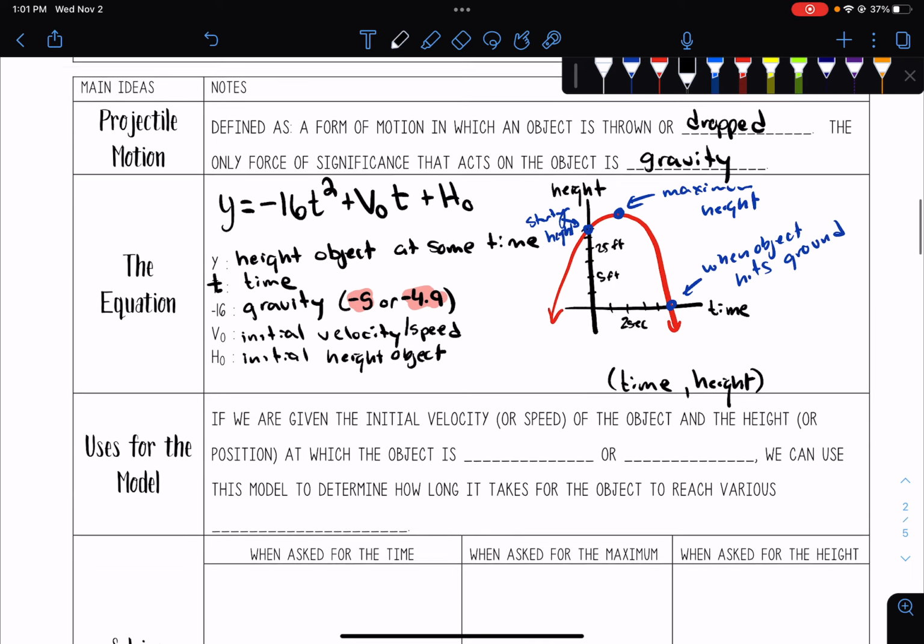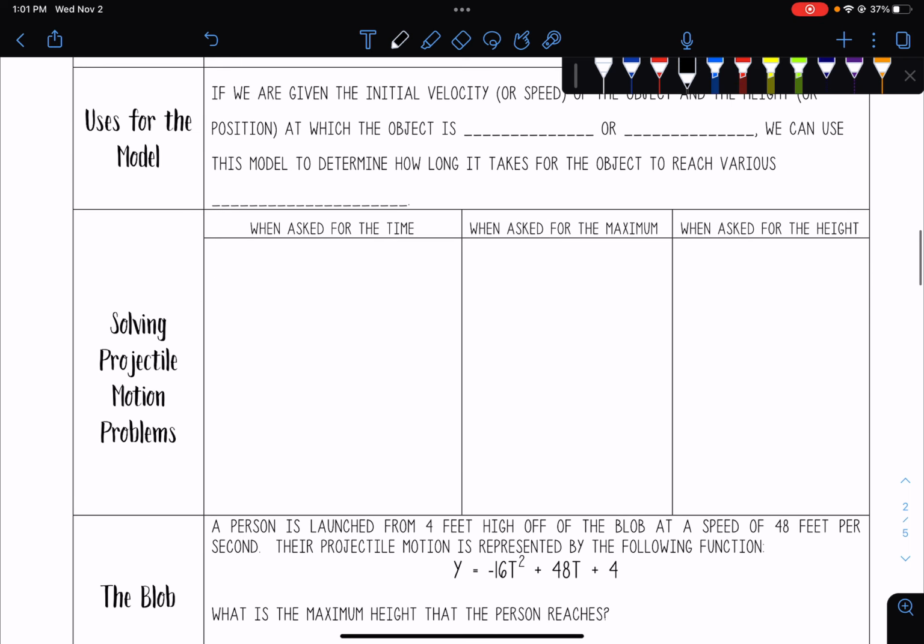Which is the second part of the notes that I want you to take. These three big boxes, we need to fill them in. So some of the questions are going to ask for time. So they're going to say something like, when is the ball 10 feet up? It wants to know a time value. Well, remember, time is x.